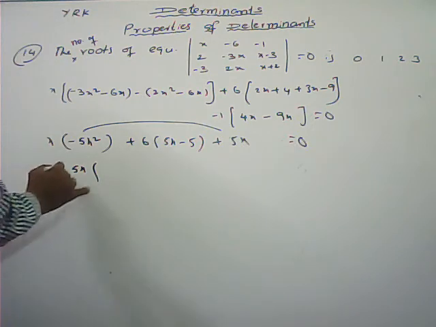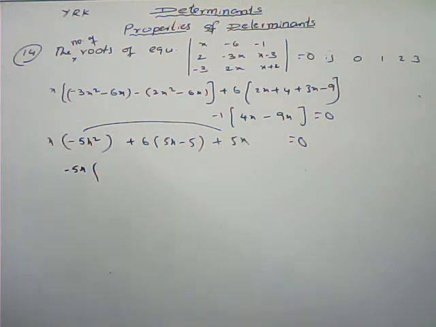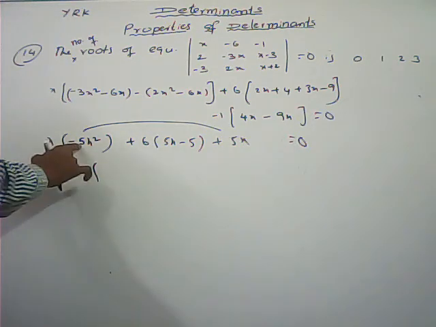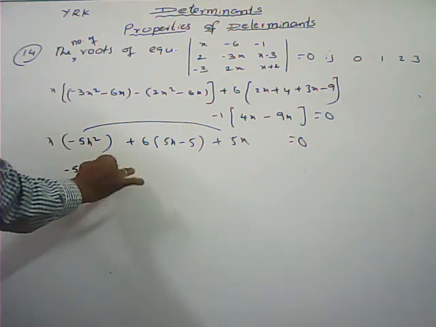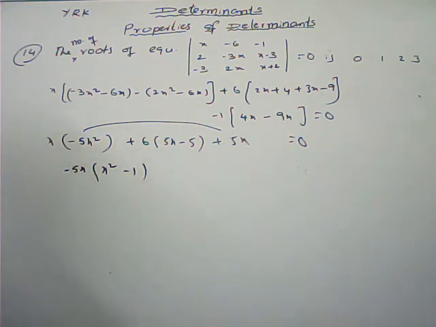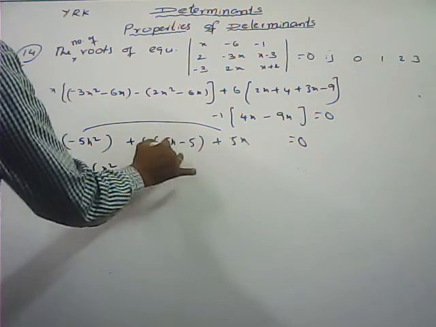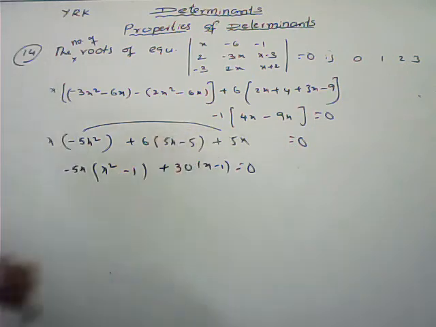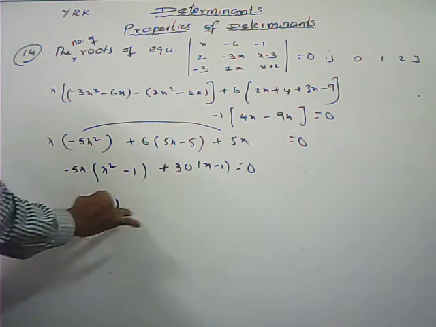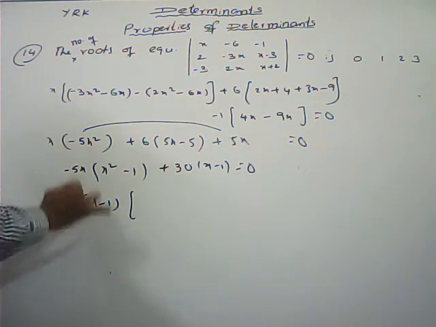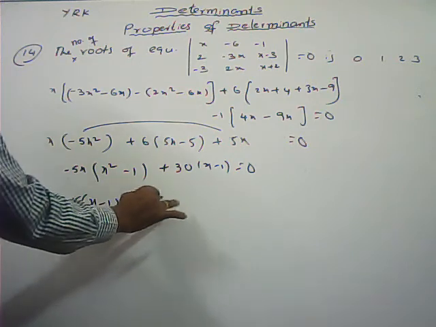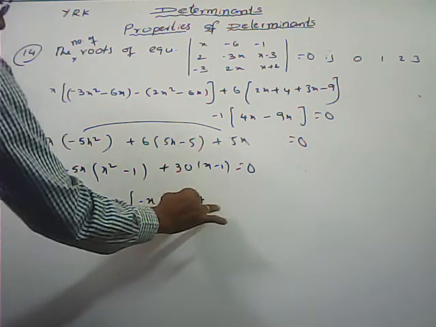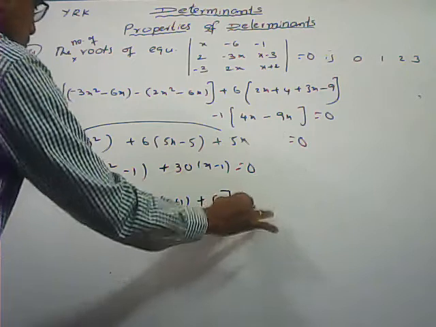Otherwise, if I take minus 5x common, here x square is there, that side we can write minus 4. From these two terms, I am taking 5 also common, 30 into x minus 1, that is equal to 0. Here a square minus b square is a plus b into a minus b, x plus 1 into x minus 1. Overall, I can take x minus 1 as common, and 5 also we can take common, minus x into x plus 1 plus 6, that is equal to 0.